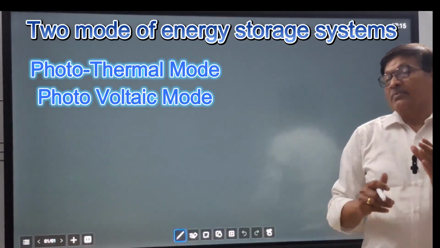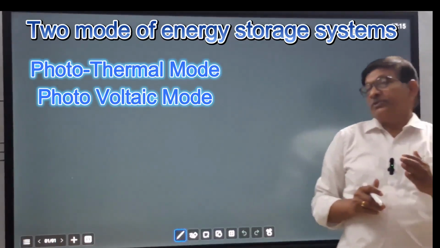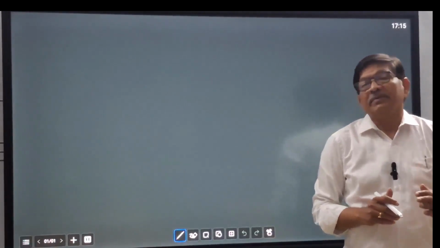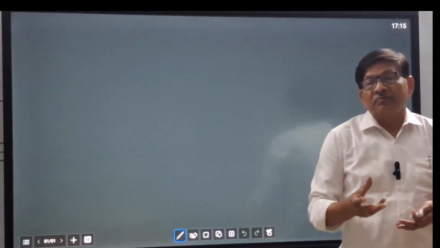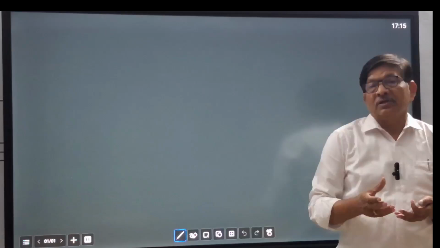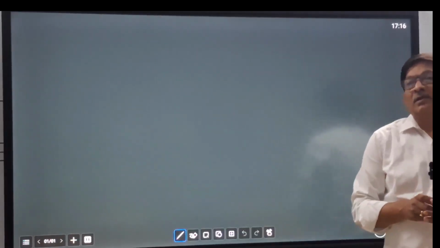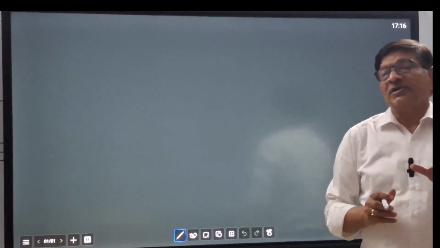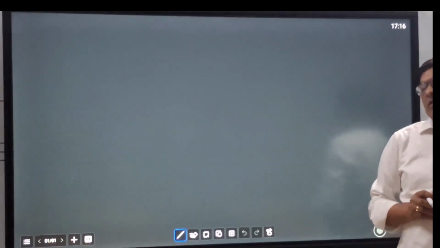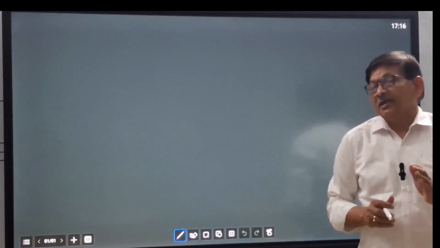We can absorb solar energy directly and use it without any transformation, or we can store it in the form of heat energy, that is photothermal, or we can convert solar energy by using photovoltaic, meaning direct conversion of solar energy into electric energy. These are the modes of energy.